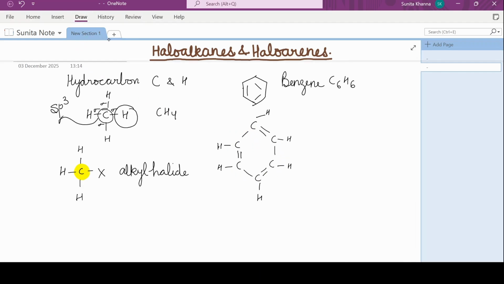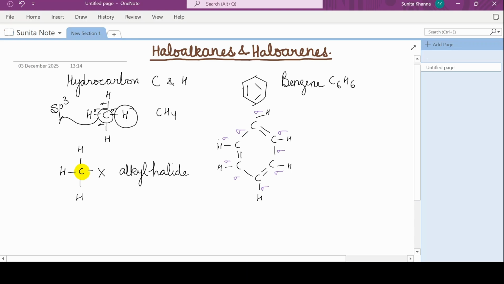In benzene we have the carbon atom attached through 4 bonds. Of course, the valency of carbon is 4, so there must be 4 bonds. And what I told you is that every single bond is a sigma bond. So sigma, sigma, sigma, sigma, sigma, sigma, another sigma, another sigma, and another sigma.